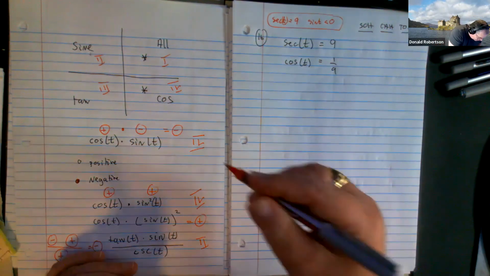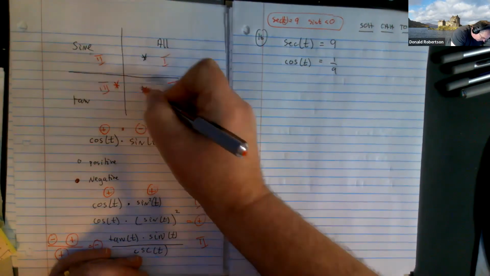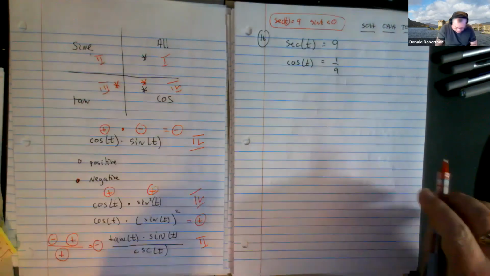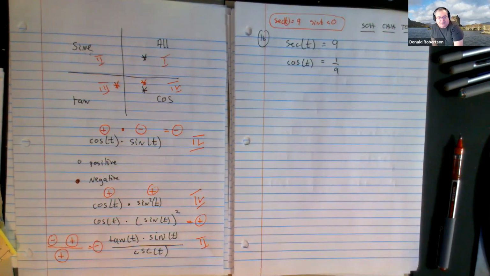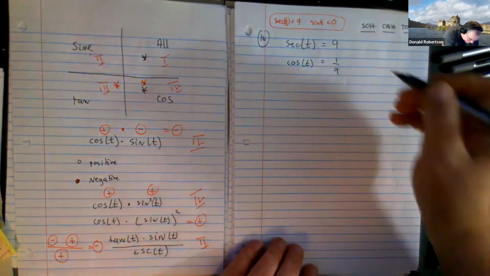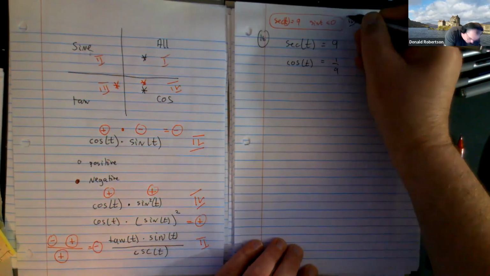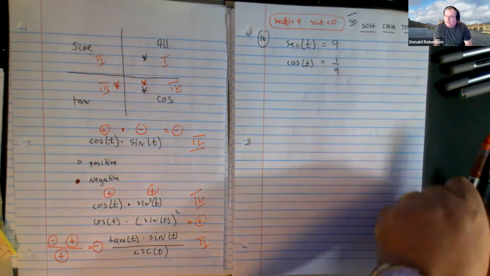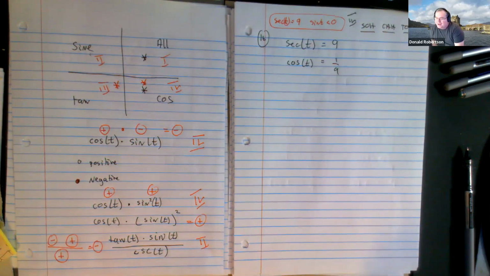If you look at the places where the sine is negative, it's these 2 quadrants. Well, when you put them together, doesn't that mean that it has to be in the 4th quadrant? So it was a sneaky way of telling you which quadrant without telling you which quadrant. You had to do that.